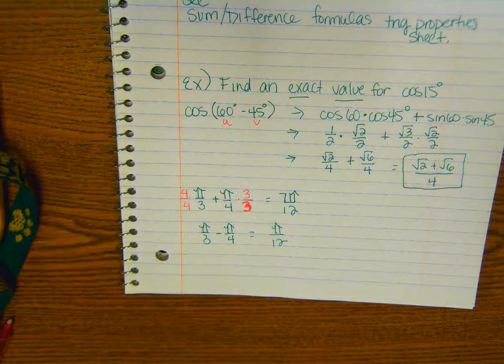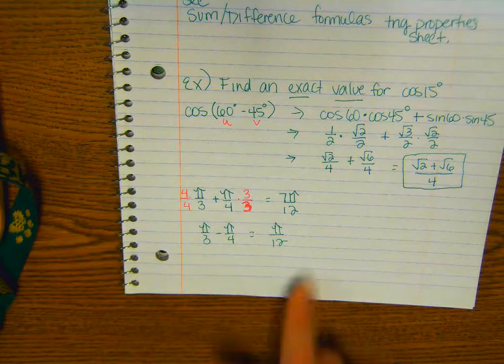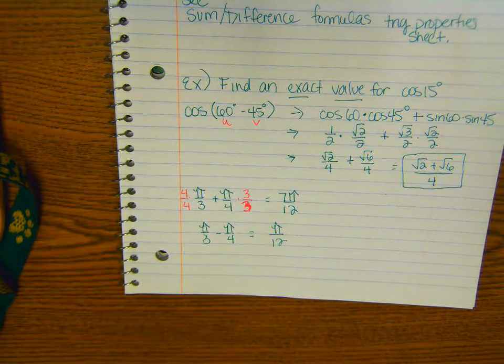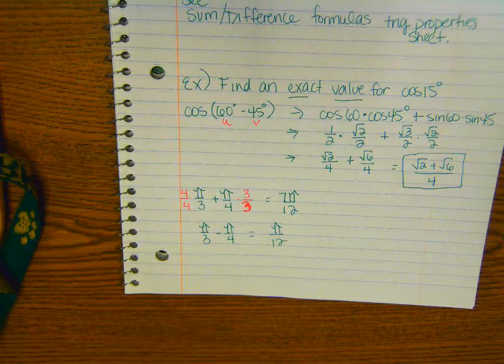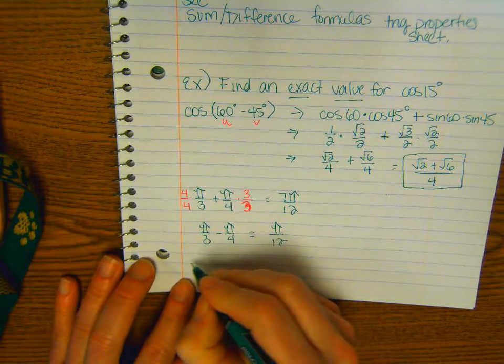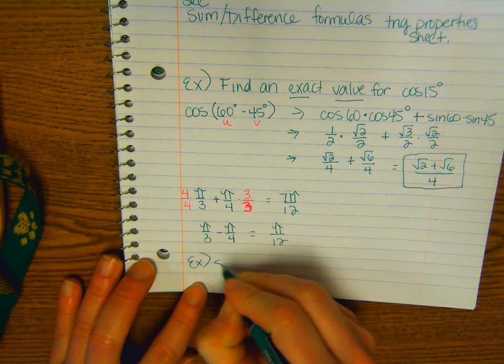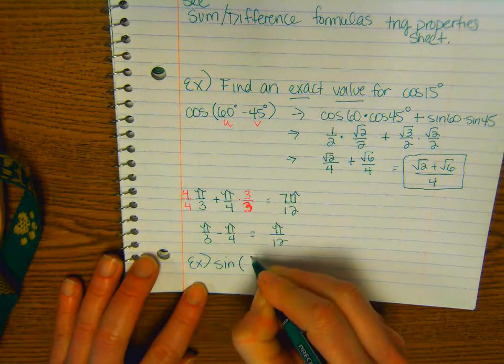Okay. So I'm going to do my next one. We just saw these two things, and then we're going to show one where we go backwards. If I said to you, find the sine of pi 12 exactly.